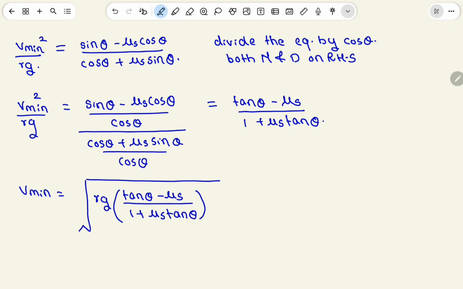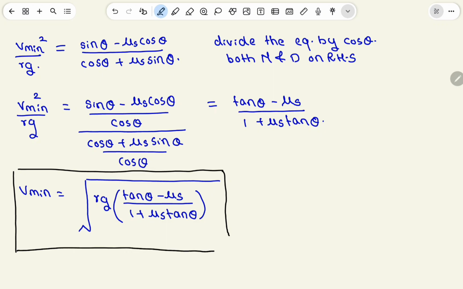So this is the equation for the minimum speed with which the vehicle can move on a rough banked road. If the speed goes below this minimum speed, then the tendency of the vehicle is to skid downwards onto the banked road.